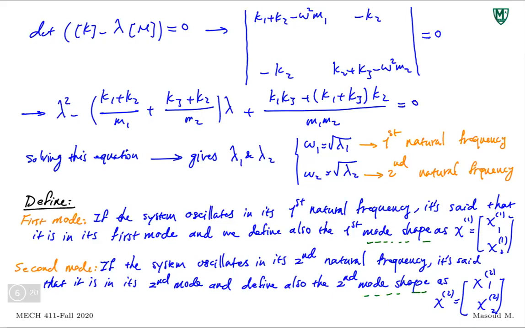Remember, the system has two natural frequencies, omega 1 and omega 2. The system can oscillate in its first natural frequency, in its second natural frequency, or in some random frequency that is neither.